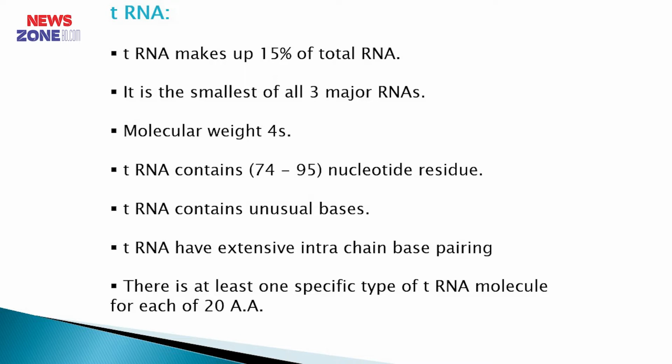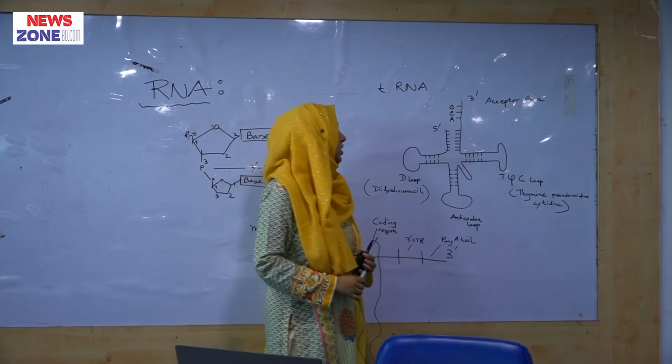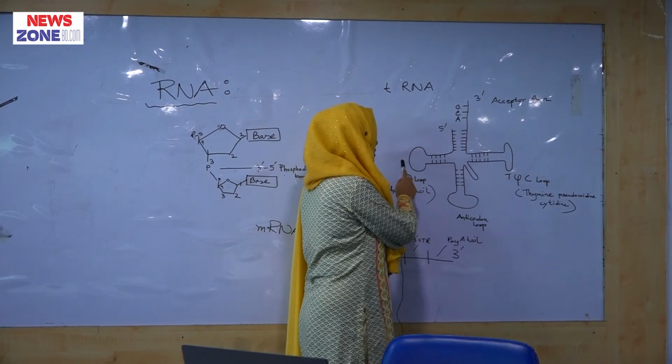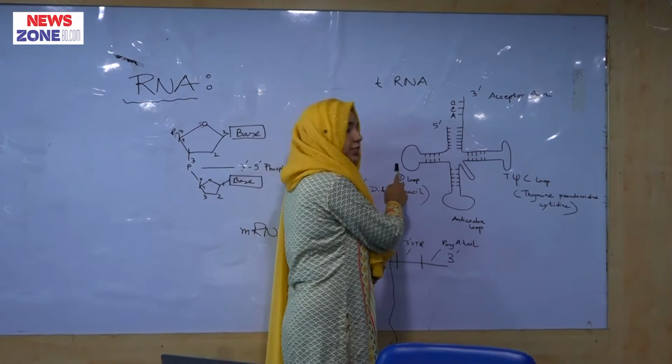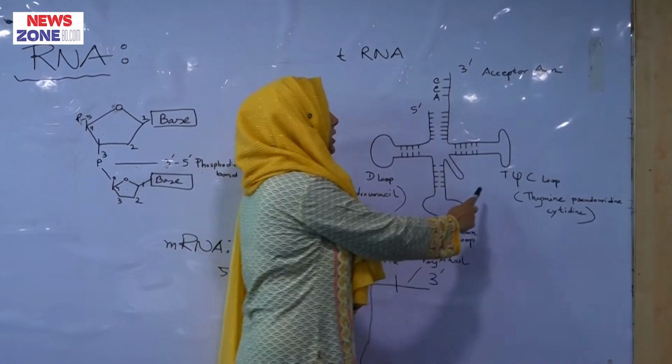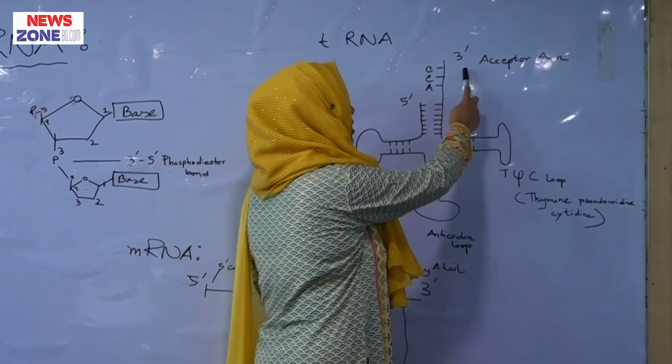tRNA contains unusual bases. tRNA has extensive intrachain base pairing. There is at least one specific type of tRNA molecule for each of the 20 amino acids. A tRNA molecule consists of 4 arms or 4 loops. The first is D loop, then anticodon loop, T loop and acceptor arm.